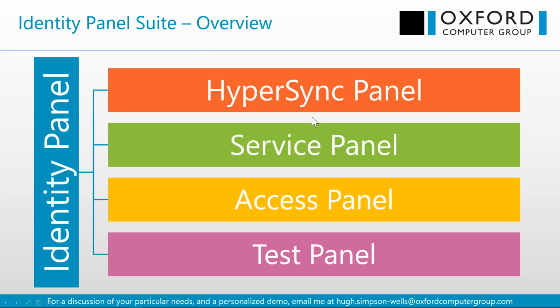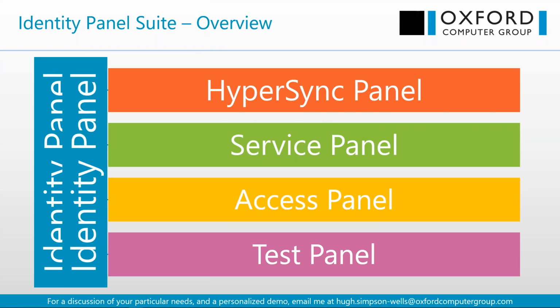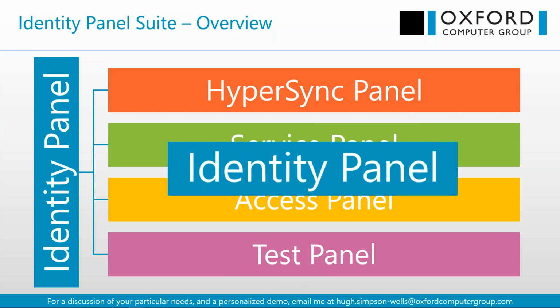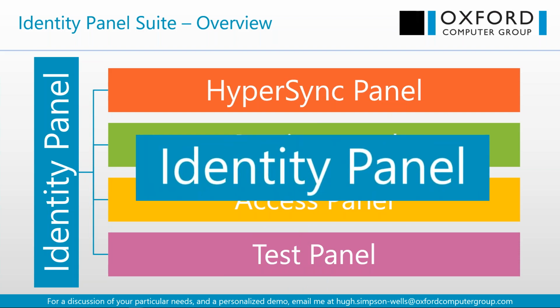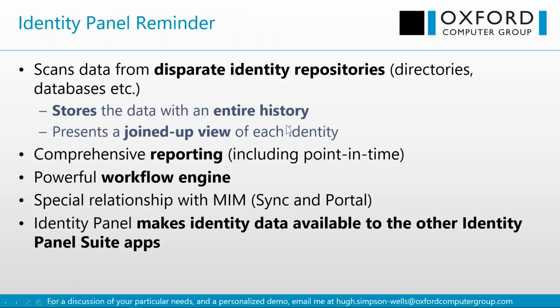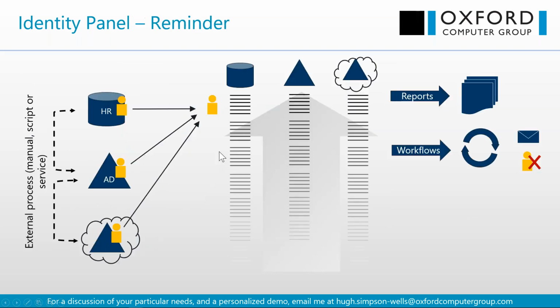We talked in the last webinars about the fact that there are a number of applications in the Identity Panel suite. We first of all talked about Identity Panel, which is a foundational piece. It's needed by all the others. It's what connects to various systems. It scans the data that's there, it stores that data, and it stores an entire history of the data, presents a joined up view of each identity, provides the reporting and the workflow needed by the other applications.